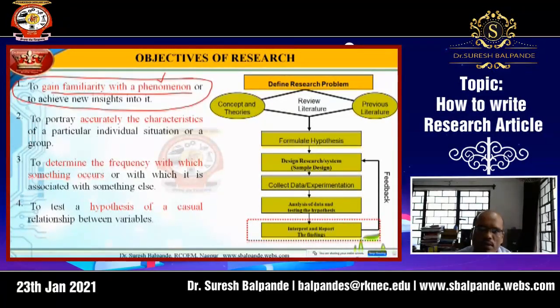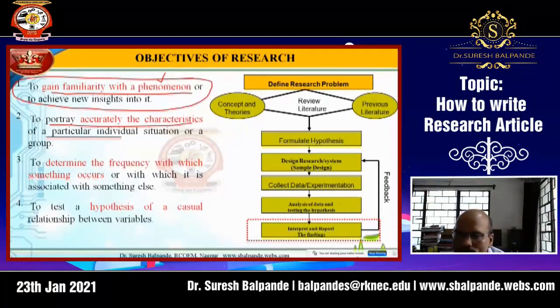Second important thing is, you can portray accurately the characteristics of the unknown system, because it should be unknown, because you are working on some new research topic. So definitely it will be new for you, new for the research fraternity. We cannot work on a topic which was already worked on 10 years before, 20 years before. Many people have done work on that.